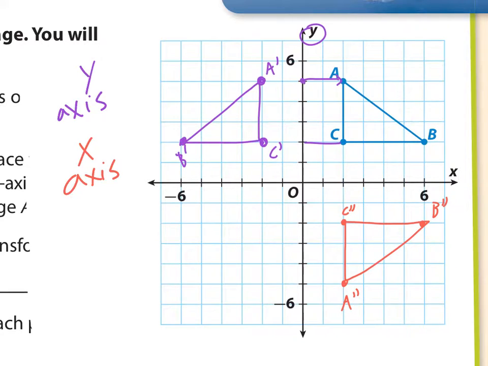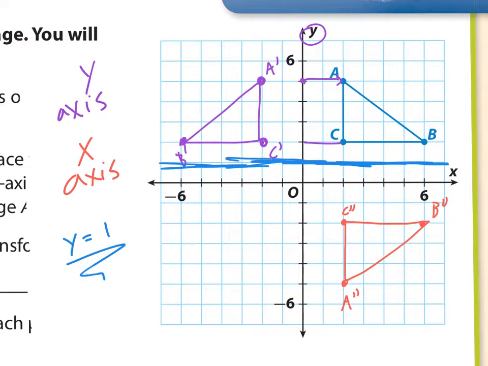They could label a different line of reflection. Instead of saying x-axis or y-axis, they could say your line of reflection is going to be y equals 1. Okay? So if we were to graph the line y equals 1, that's a horizontal line through the y-axis where y is 1.